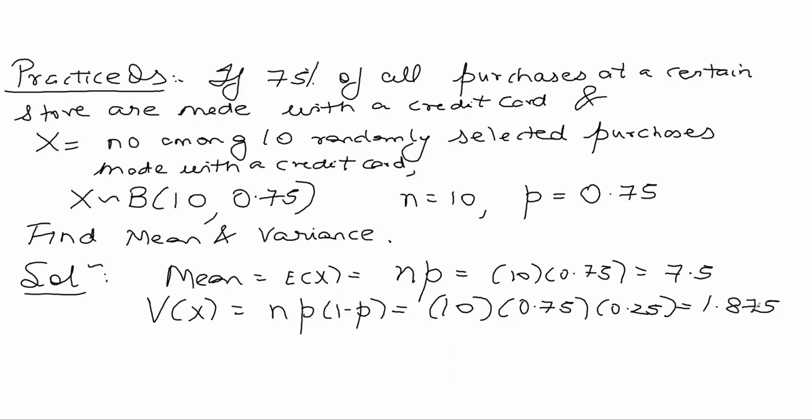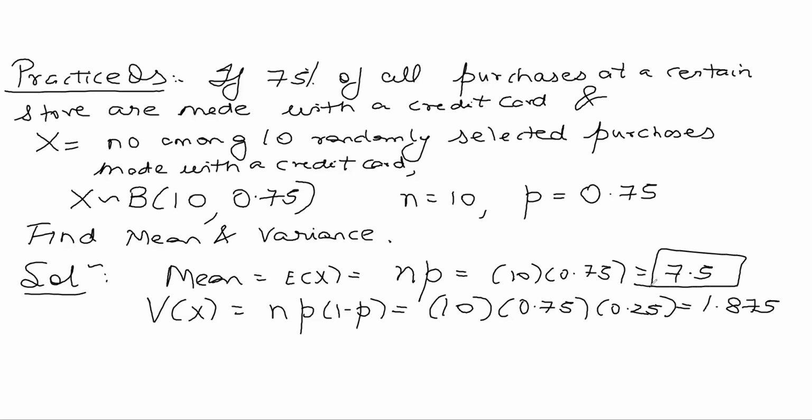So guys, how will I interpret 7.5? That means if I am making 10 randomly selected purchases, then out of those transactions, around 7.5 are made with a credit card.